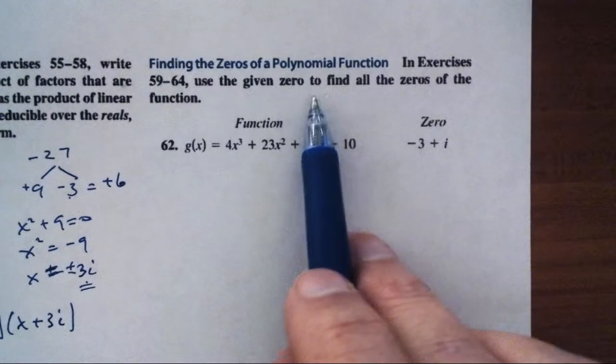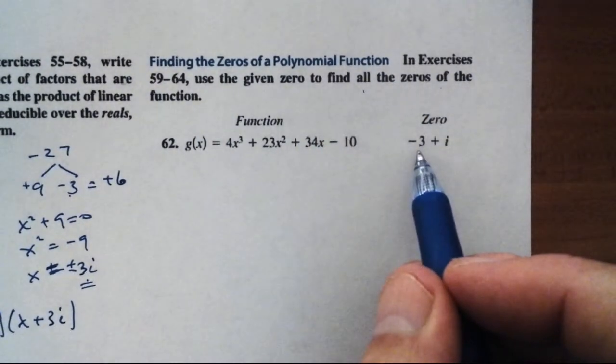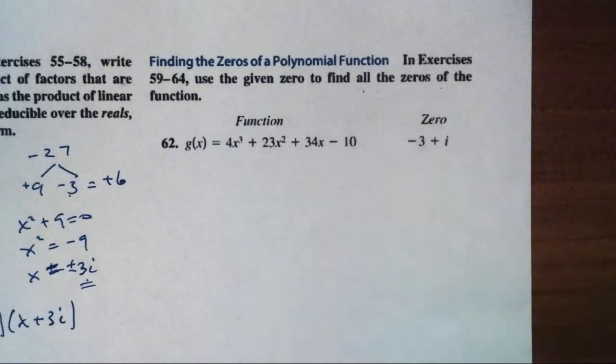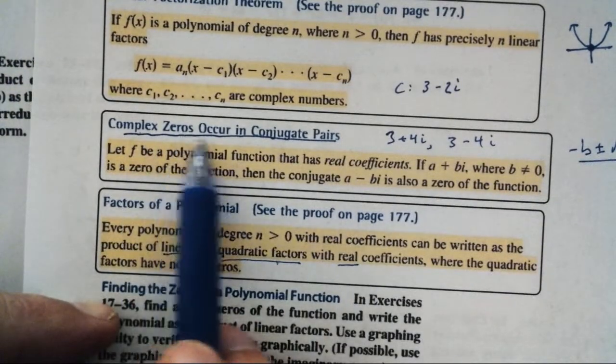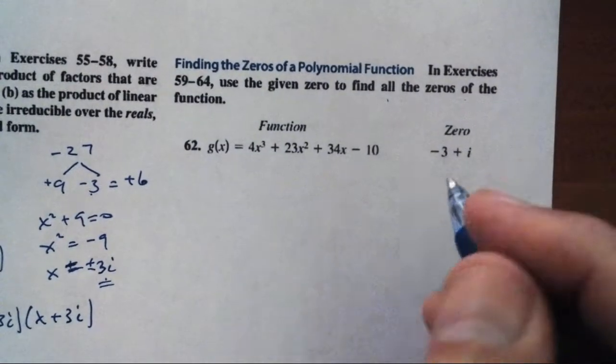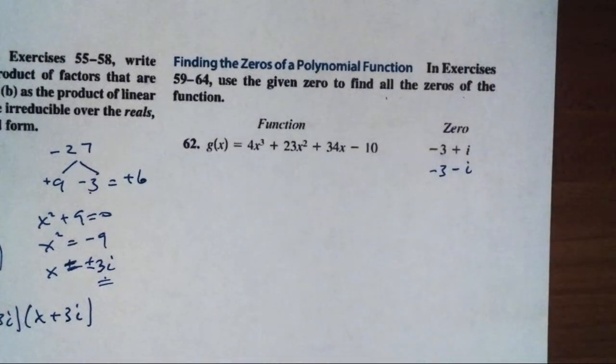Okay, one more here. Use the given 0 to find all the zeros of the function. They're telling me -3 plus i is a 0, but they're not just telling me that. Complex zeros occur in conjugate pairs. So if negative 3 plus i is a 0, so is negative 3 minus i.